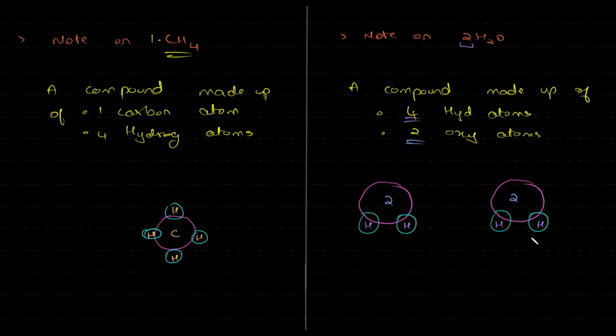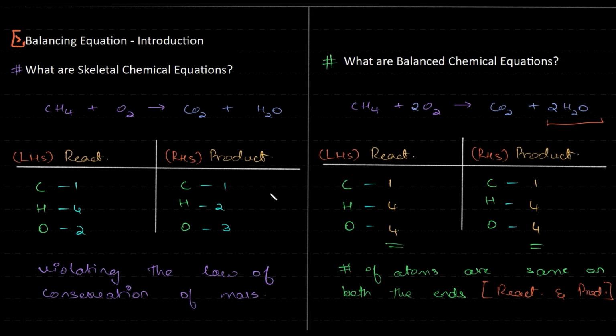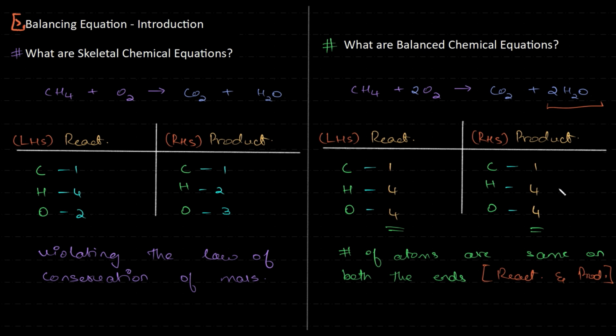Again, understand the coefficients, understand what O2 and CH4 mean. All of this is done in the basics, but I'm just revising. Please watch the basics and then only move forward. So herein the number of atoms are the same on both sides, so it does not violate the law of conservation of mass.